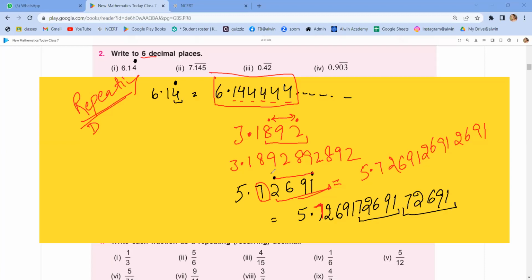गॉट इट और नॉट? Yes, So only 2691 जो डेसिमल प्लेसेस हैं, they are repeating themselves. बाकी जिन पे बार नहीं है, डॉट नहीं है, that is not repeating. समझ में आ गया कि नहीं आया? क्लियर है आर्यमान?